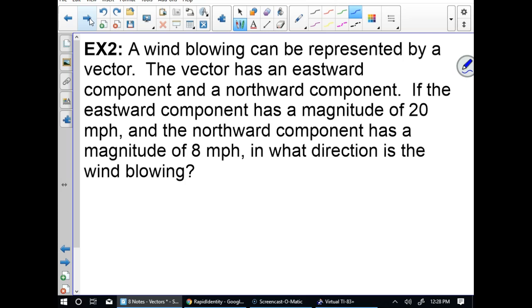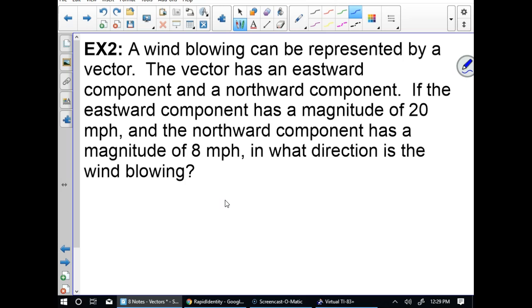So there's several ways you can think about this. Although it's a wind that's blowing, we know it's going to be northeast in some direction, right? We want to know, when you put those two pieces together, what it is.